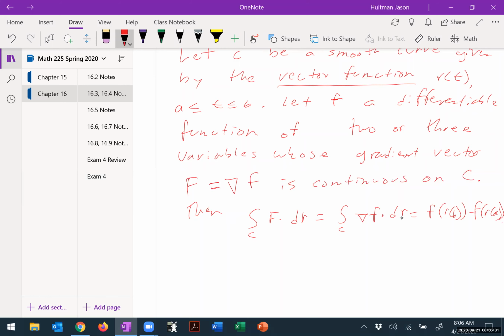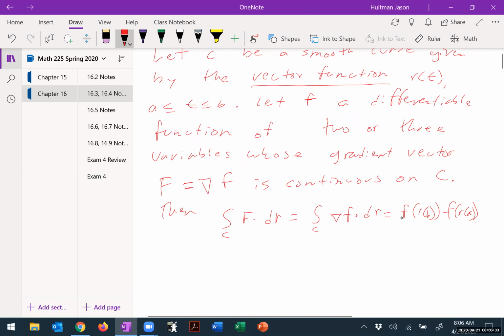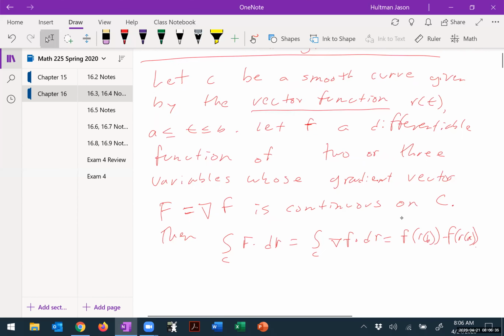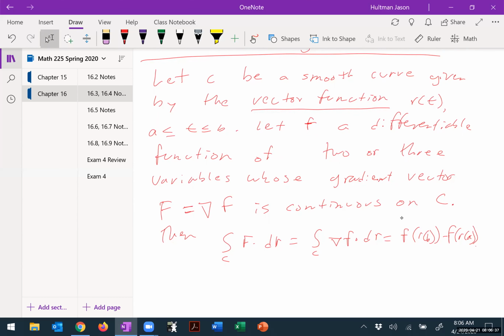I'm gonna leave that up there for a second, let you copy it down, and then we're gonna go through and explain what's going on here, because there's a lot to take in with the notation, and what this is actually describing.